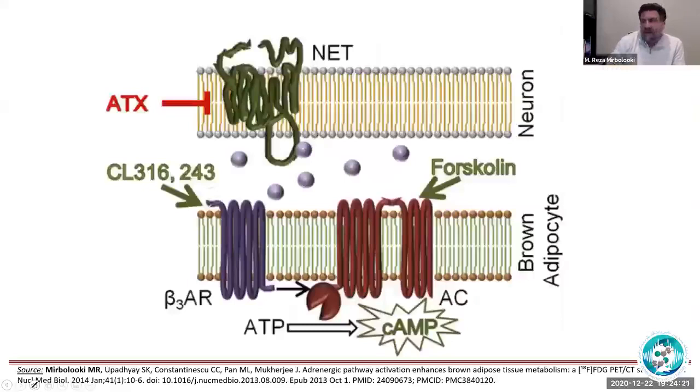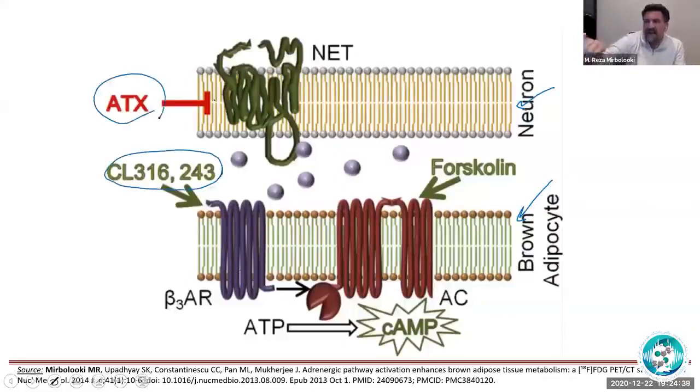So far, if we consider this as the cell membrane of brown adipose tissue, this is the presynaptic membrane of the innervated neuron. So far we talked about activating beta-3 adrenal receptors with these agonists on this membrane. We also talked about atomoxetine blocking that and increasing norepinephrine here.